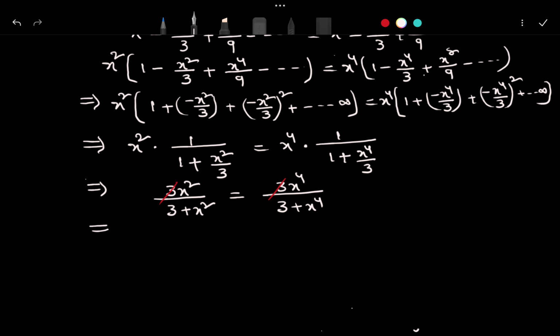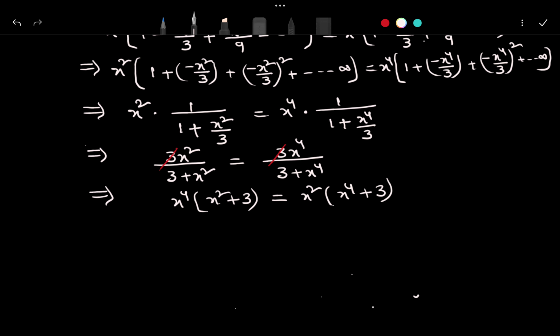Now you cross multiply. This one will be x to the power of 4 into x square plus 3, is equal to x square into x to the power of 4 plus 3. Now here you get all the terms on one side, take x square as common.